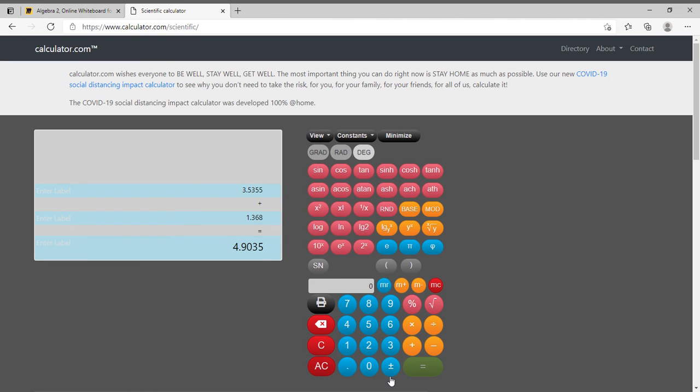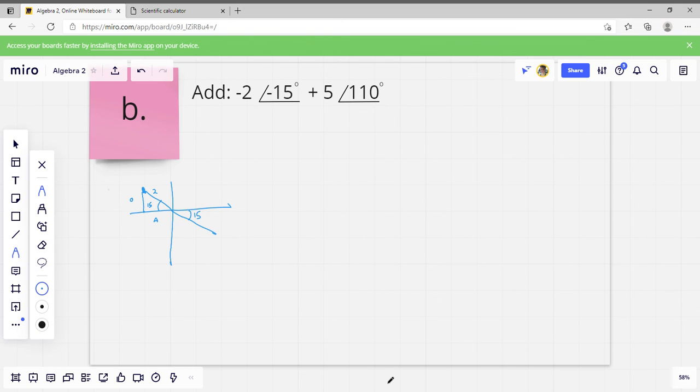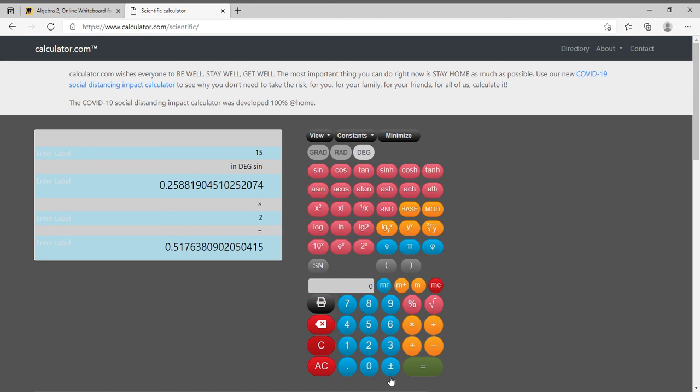So we're going to say the sine of 15 degrees times 2. It's 0.5176. And then for our adjacent, we're going to say 15 cosine times 2, 1.9318.